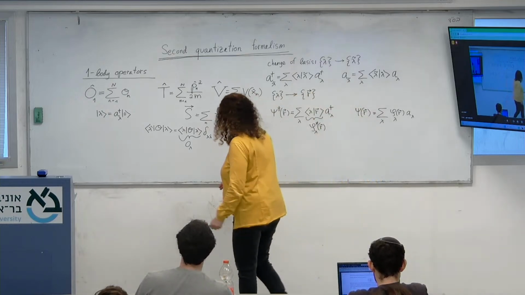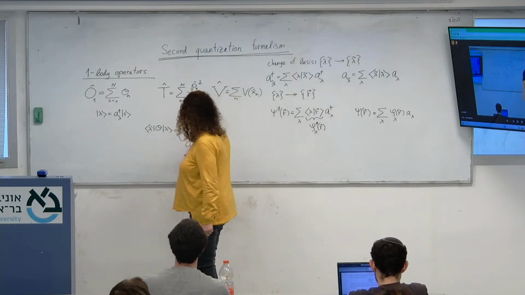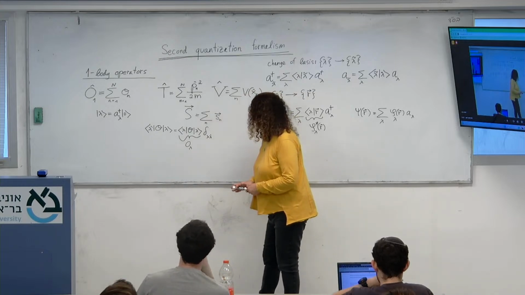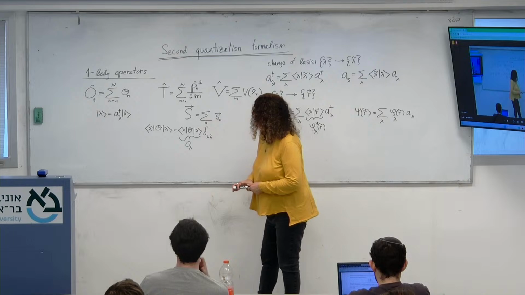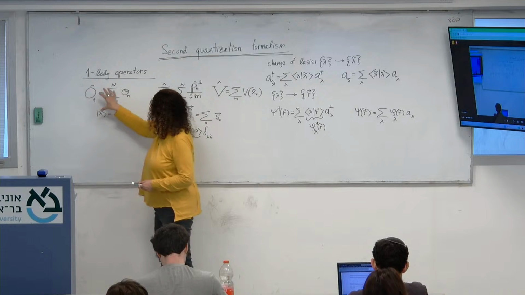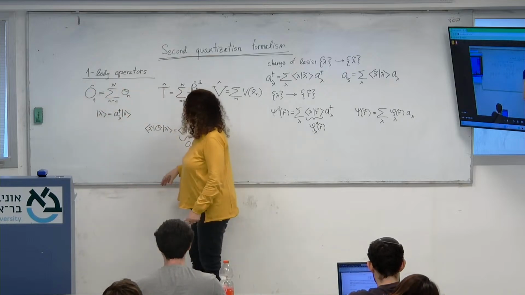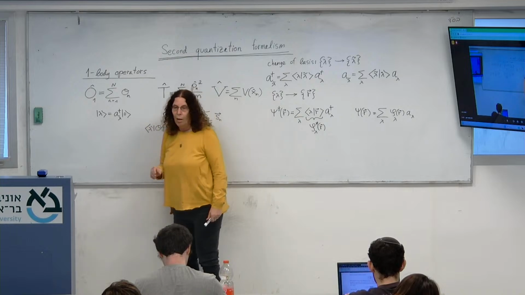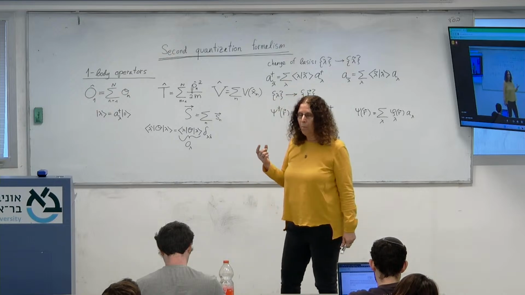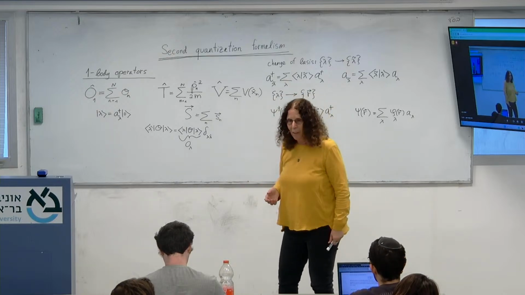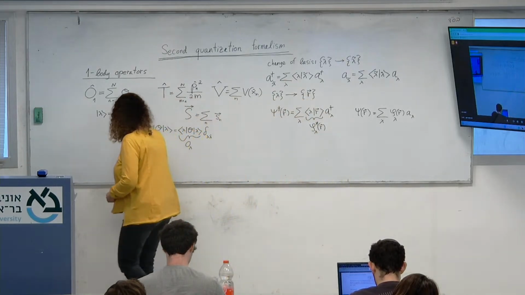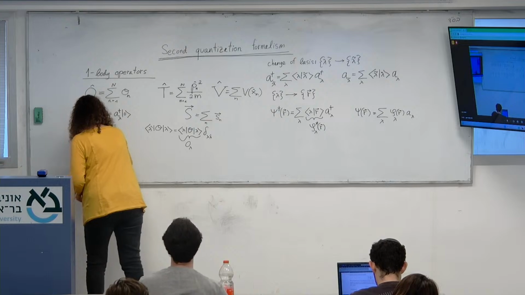Okay, so now I have a many-body system, and when I apply the one-body operator, it is just a sum of such things. When I apply it on a state where I have not one but n lambda particles in state lambda, what will I get? So let me write it down.